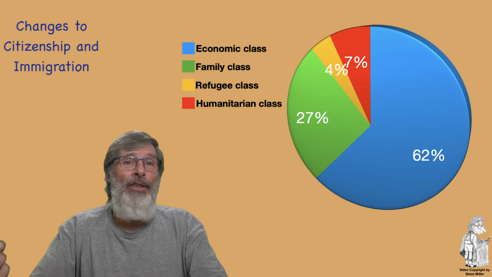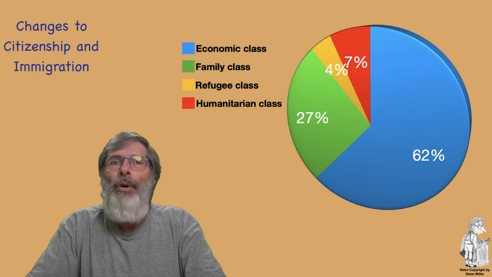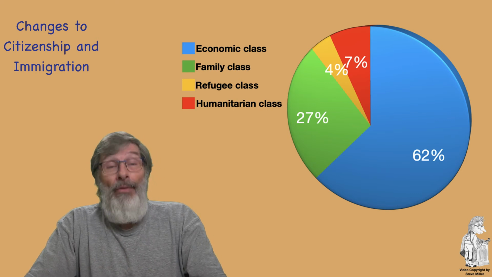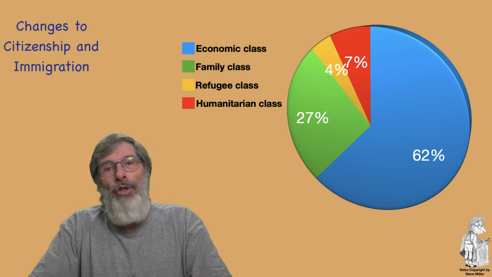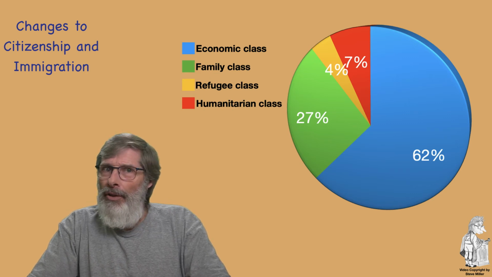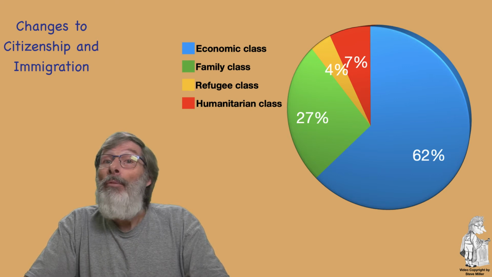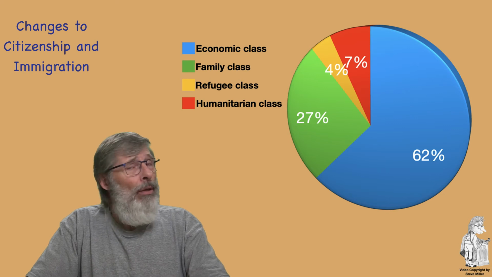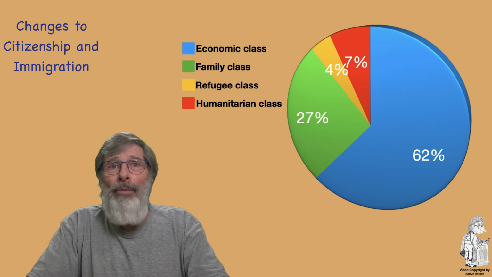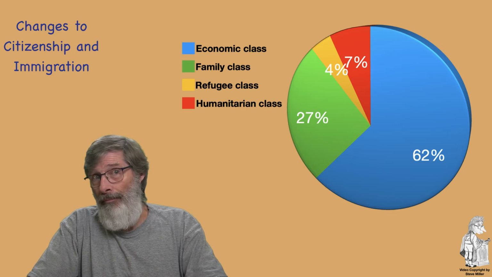The second class is the economic class, skilled workers, entrepreneurs, and investors. The third, refugee class, immigration based on a well-founded fear of persecution from the country of origin because of race, religion, nationality, or membership in a particular social group or political opinion.